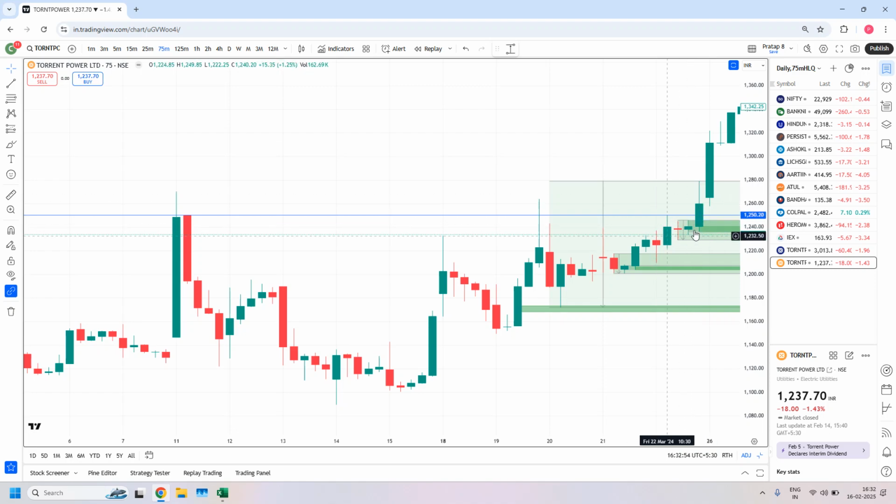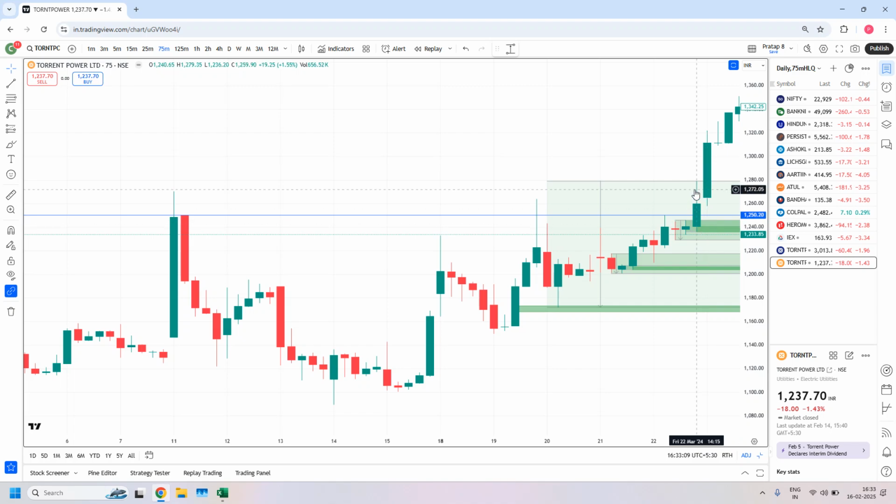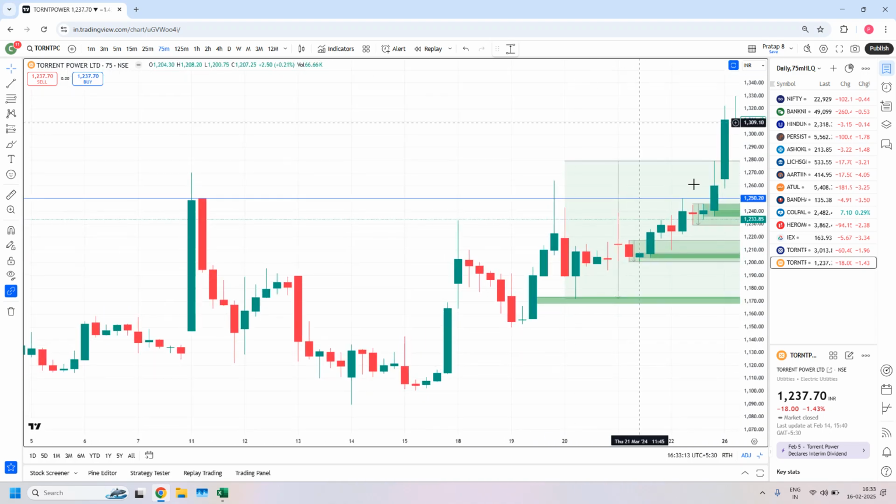This is the 75 minute zone. Actually, this 75 minute zone is inside a daily high liquidity zone. Our software identified the stock near the 75 minute zone, not the daily zone. So this is rally base rally. So strictly speaking, this is the area our software suggested.